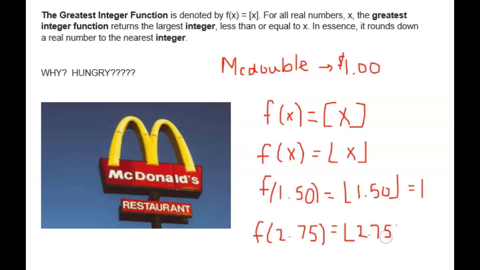This is rounding down. I would only be able to get two McDoubles. So notice the greatest integer function, or the rounding down function, takes every value that you have and it rounds down to the nearest whole integer.